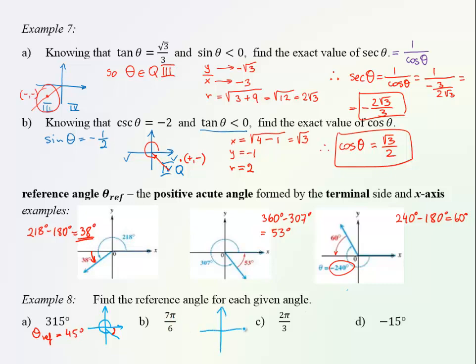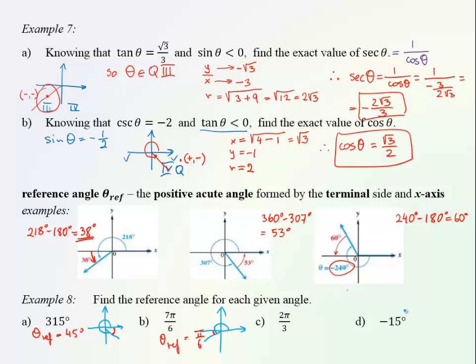So again, let's try to locate this angle. It's 7 pi over 6. So it's more by pi over 6 than 1 pi. It's pi plus another pi over 6. Okay, that actually gives us the answer. This reference angle, the acute angle towards the x-axis, is just pi over 6. So theta reference equals pi over 6.